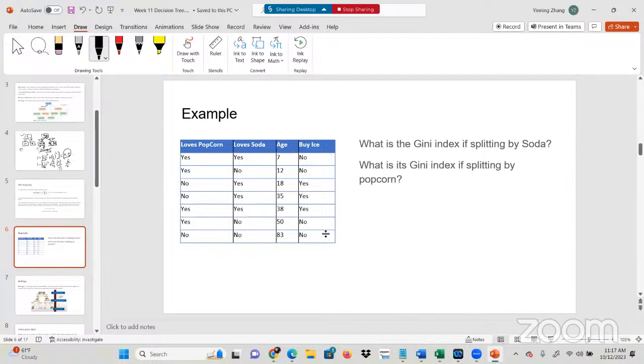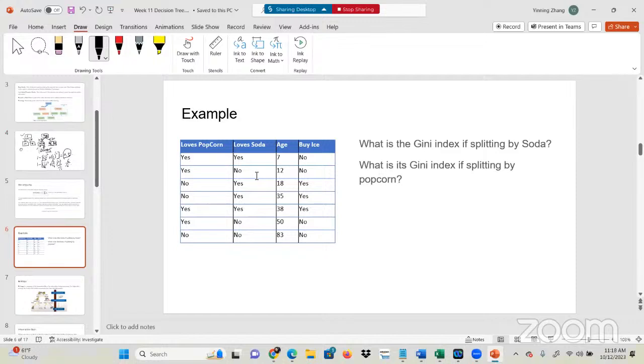So we want to find the first root node, the first feature for our tree. Let's try popcorn and soda to see which one is a better feature to classify this class.